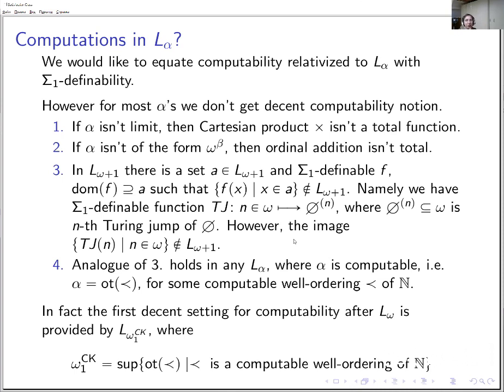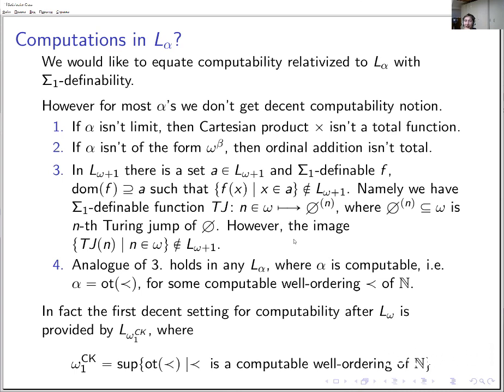For example, it doesn't work for omega plus 1, with the following example. Consider the iterated Turing jump function, which maps a natural number n to the nth Turing jump of 0. In fact, it will be a sigma 1 definable function in L omega plus 1.